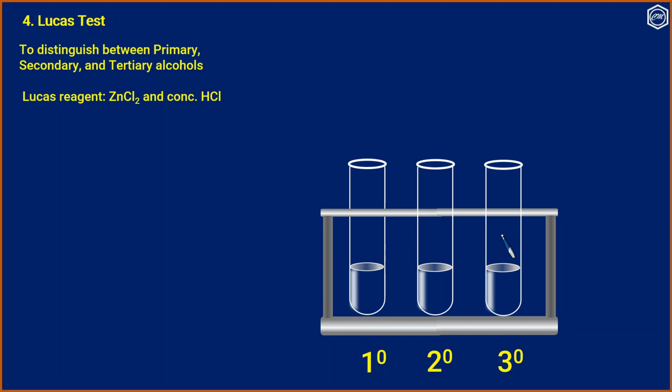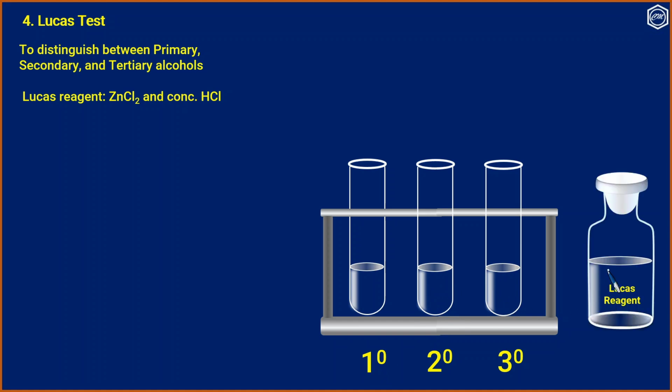Suppose that we take 3 samples. This test tube contains a primary alcohol, this is a secondary alcohol, this one a tertiary alcohol, and this is the Lucas reagent. By means of a dropper, we are adding this Lucas reagent to these 3 test tubes. First, I have added to the primary, then to the secondary, and finally to the tertiary.